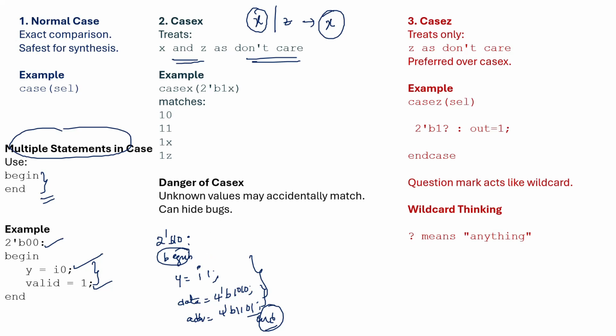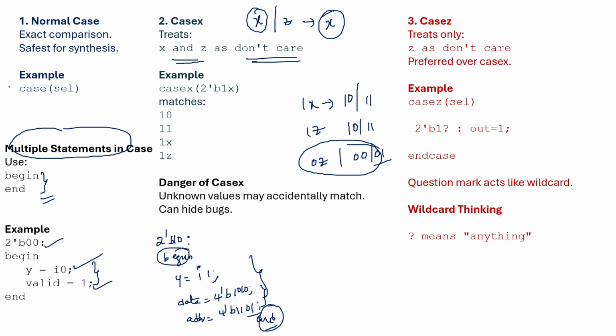How does it match? You give one x or one z, which means it can take either 10 or 11, and here also either 10 or 11, or sometimes 0z, meaning 00 or 01. That means any value will match. That gives you a problem in identifying which statement is executing first. So the casex statement will give you some problems.